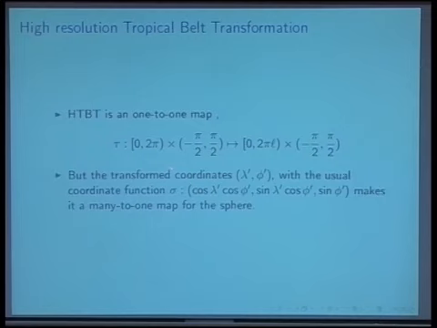For example, lambda equal to 0, 2 pi by L, and so on up to 2 pi by L minus 1, etc. all will go to the same point. So it is a many to one image, and here we have to convert the many to one into a one to one image.